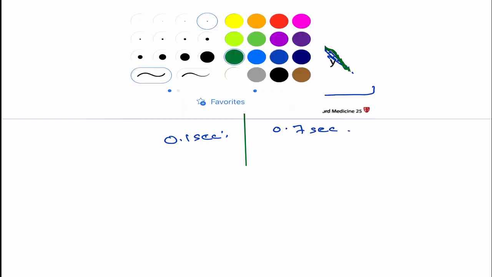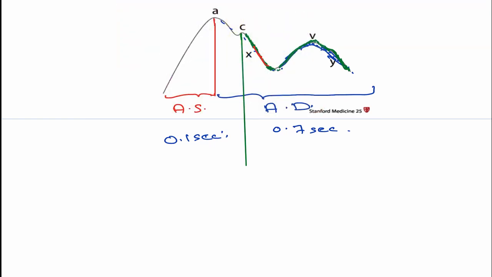So the pressure kept on falling because of the relaxation. Then there was a filling due to venous return, and atrium gets filled at this stage.